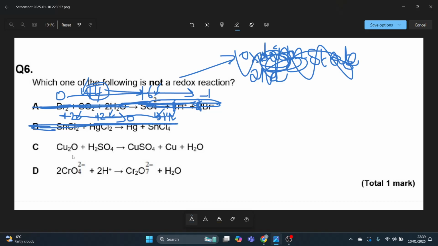Now look at C, Cu2O, -2, that's going to be +1 for copper, Cu. In this case, -8 from oxygen, -2 times by 4 is -8, +2, -6, that's +6.